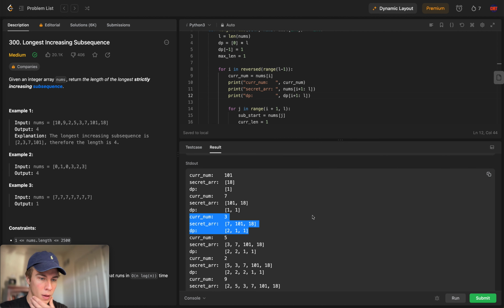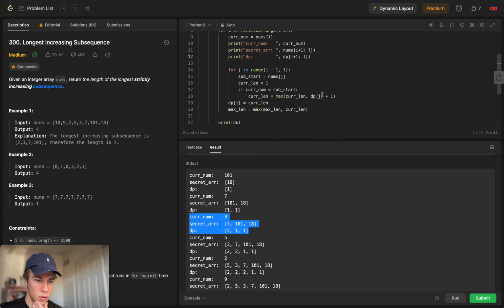current number. Current number, DP of J, right? So the sub start, we're going from 7. Current length is current num, should be smaller than 7.